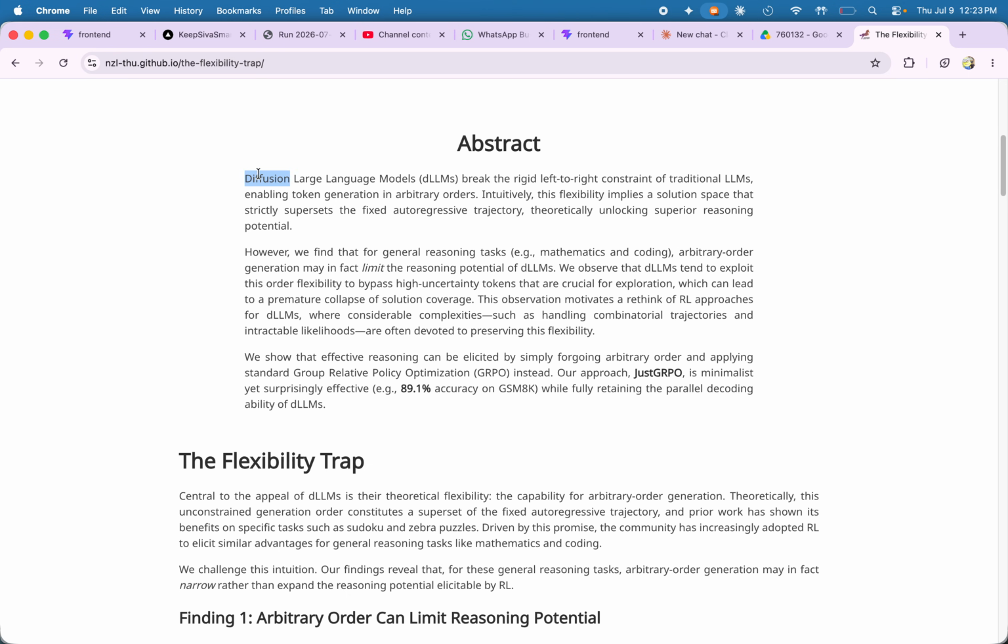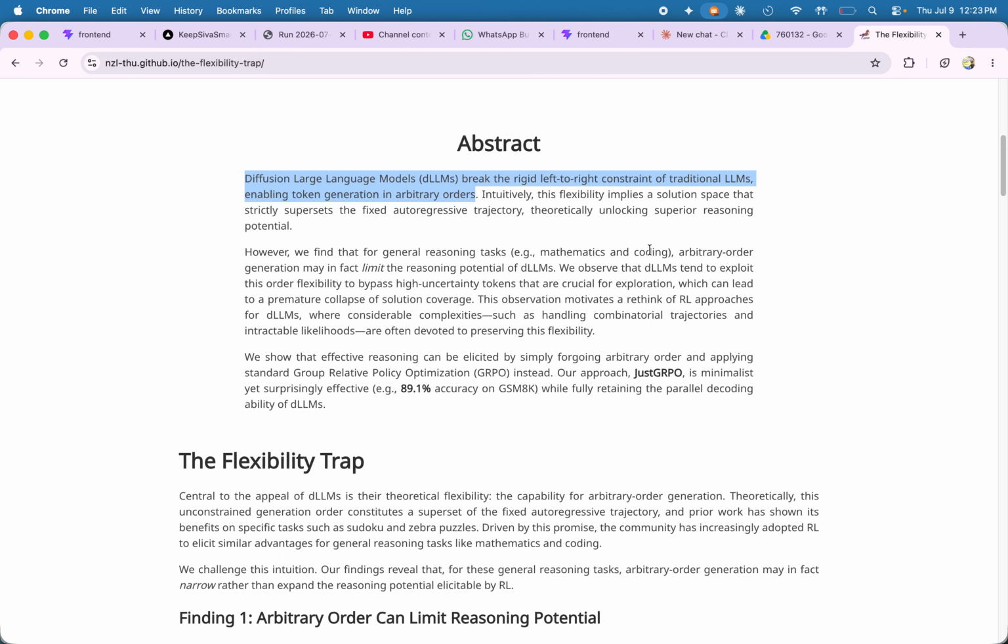Yeah, so they are again going to the same thing that we discussed. Basically, diffusion large language models (DLLMs) don't do left to right like traditional LLMs. They just generate in arbitrary order. So it's flexible and it's quite fast as well.